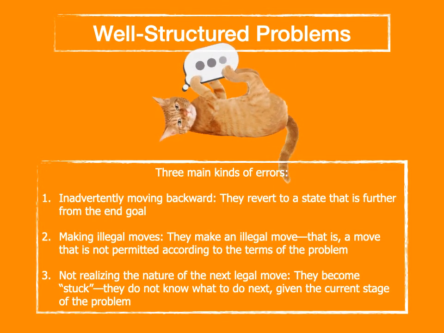And third is not realizing the nature of the next legal move. People become stuck because they don't know what to do next given the current state of the problem. They don't know what to do next because they fail to see what other possible legal moves they could be doing.